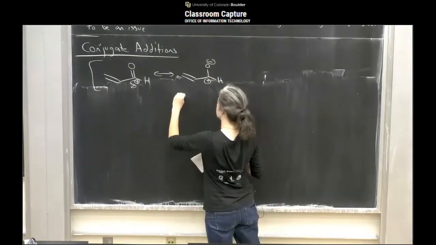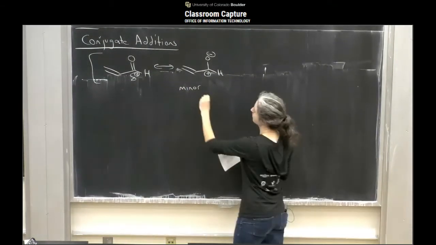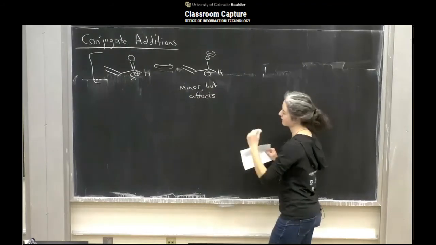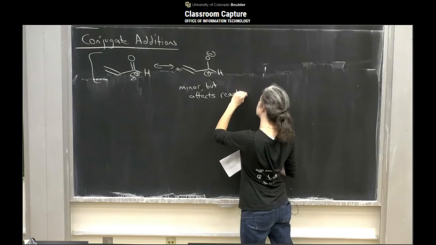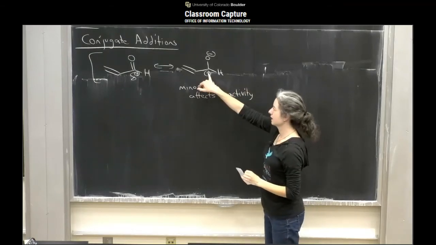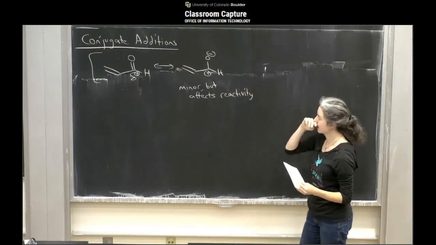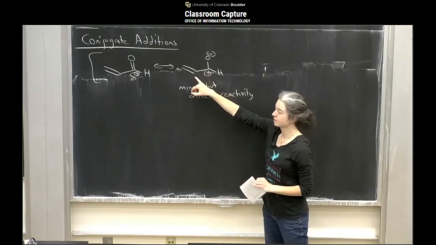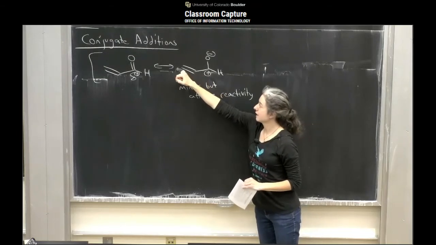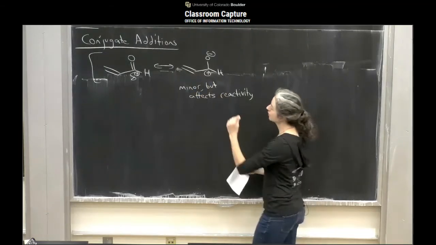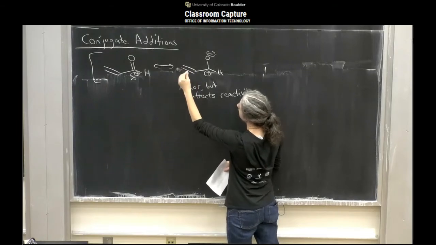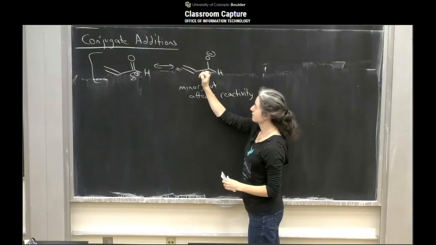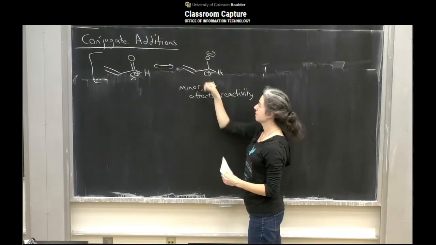Okay, so this is minor, but it affects reactivity. The carbon definitely acts like it has some portion of a positive charge there. When we were just looking at a regular carbonyl, that was pretty much all we had to worry about. But once we're conjugated into an alkene here, we can actually show other resonance forms where the alkene itself gets involved, because once we show it doing this, we have this whole 3-atom subunit going on, 2 atoms double bonded, one with a positive charge.